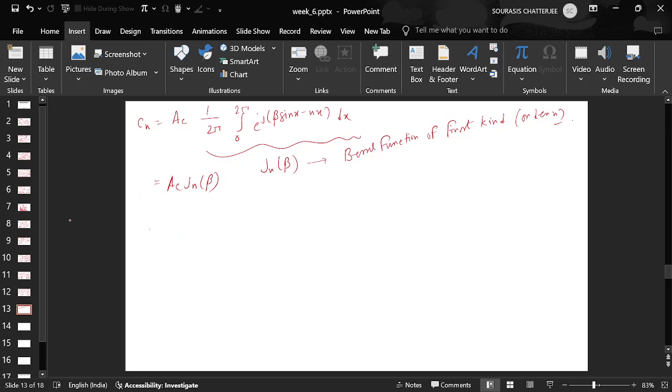So your equivalent baseband signal, which is e to the power j beta sine 2 pi fm t, can actually be written as the sum for n equal to minus infinity to infinity of Ac Jn(beta) e to the power j 2 pi n fm t.